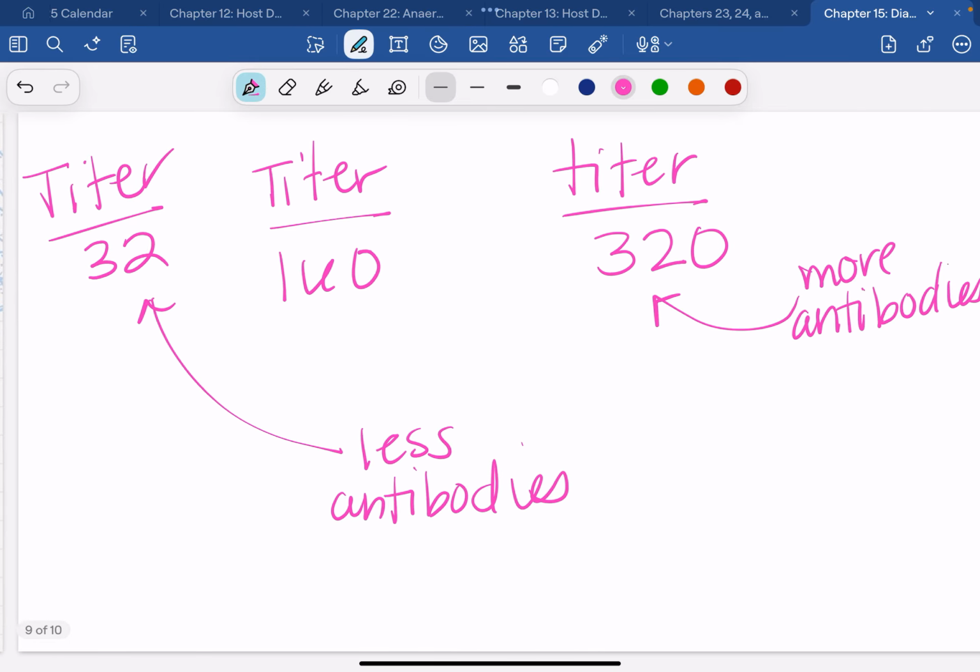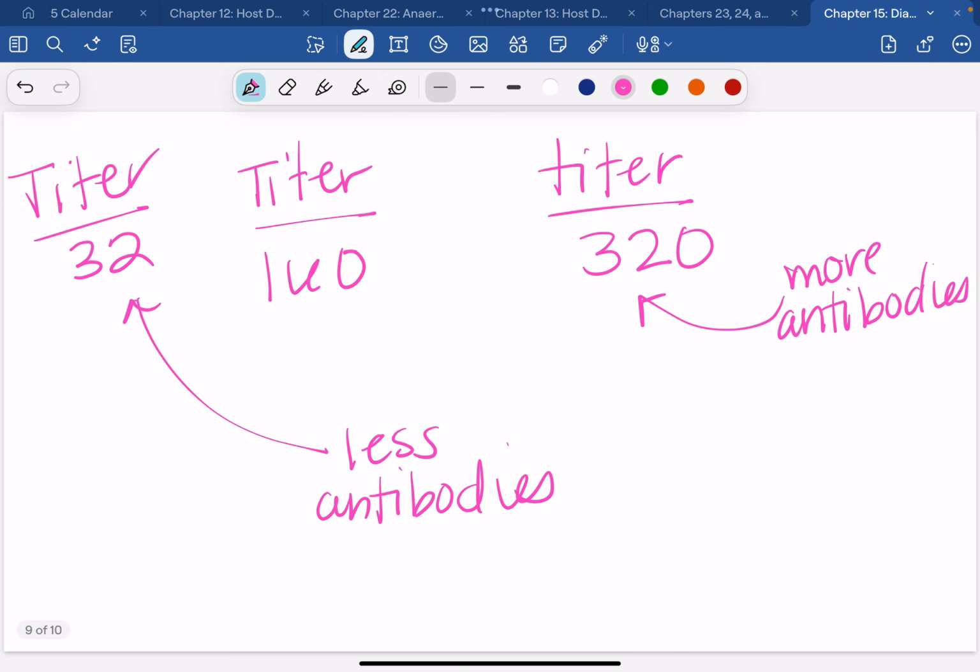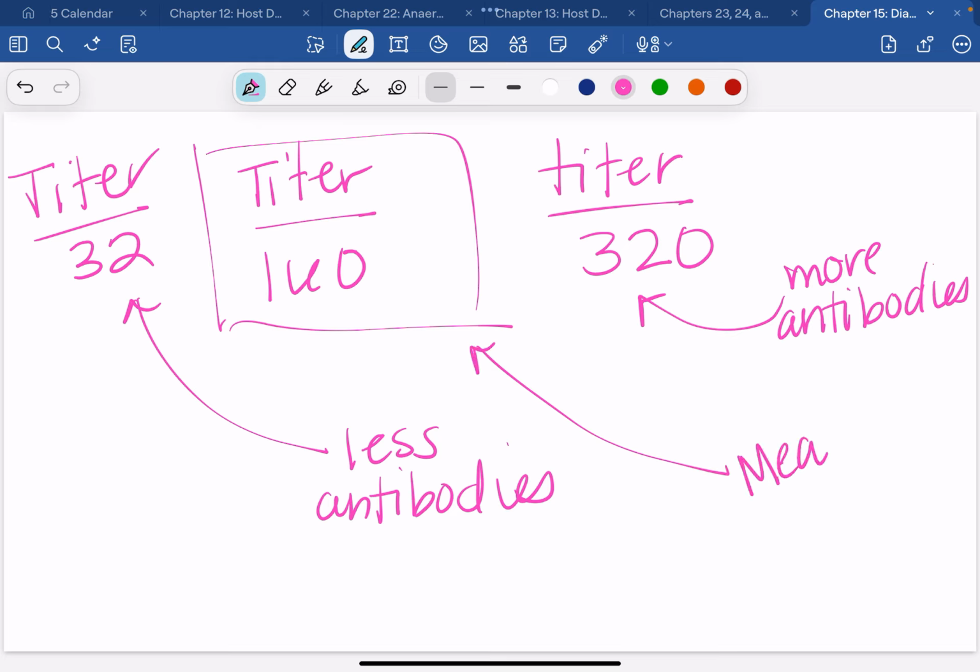All right? Now, say somebody has a titer of 160 for measles. So they have their titers checked, and this is their measles titer. Say to be considered immune to measles, you have to have a titer of greater than 64.